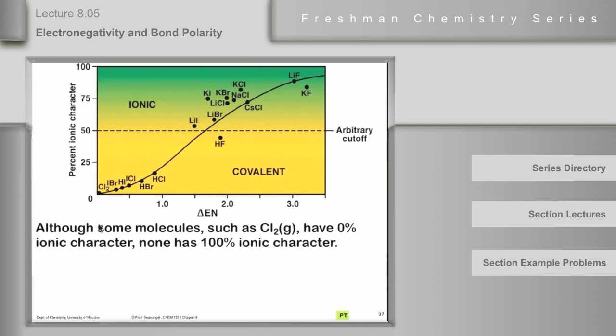Some molecules, such as chlorine, appear to have 0% ionic character by this scale, but none has. The second point is none of these has 100% ionic character. They top out at about 85 or so. Questions on that? Okay, I leave you with the idea that electron pair sharing occurs to some extent in every bond.